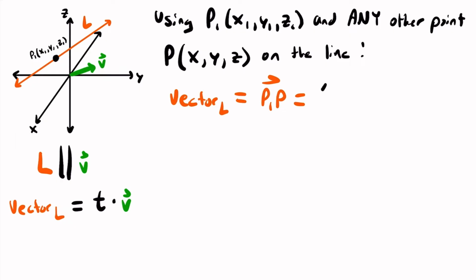And so that vector would look like this. We would have x minus x1, y minus y1, and z minus z1. And so now what we have here are the components of a vector that would lie along line L.